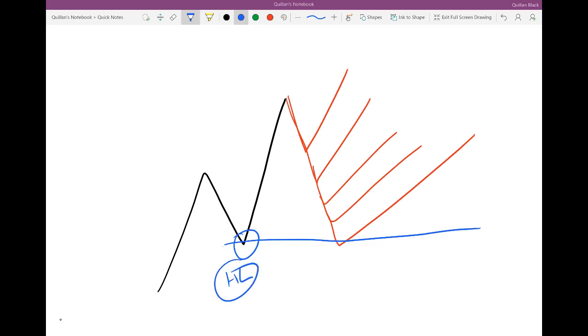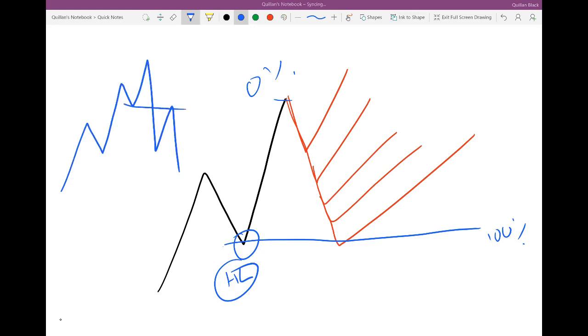Okay, once the market breaks that, which is also 100% on your Fibonacci, this right here is 0%. Once the market breaks that, then structure is broken entirely, same concept as we drew before. When structure is broken, you're looking for selling opportunity up until the market actually has to make a lower low, and then makes the first lower high.